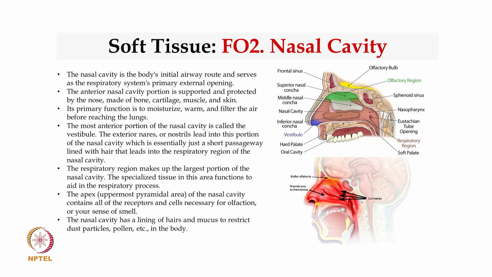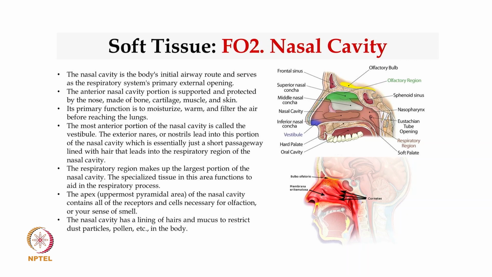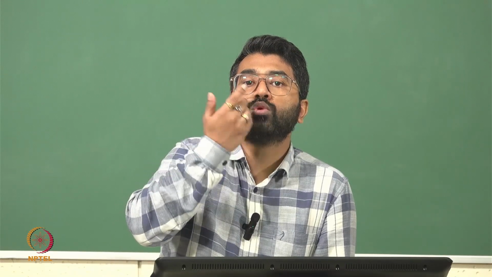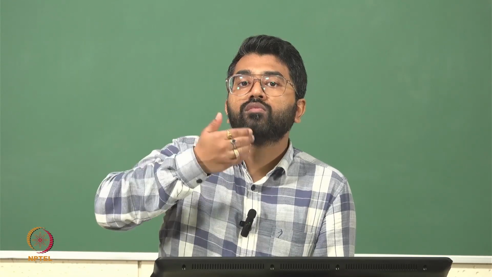So the nose is not only for breathing, it gives us the sense of smell. The nasal cavity has a lining of hairs and mucus to restrict dust particles, pollens, etc. in the human body. So those hairs and mucus are not just there for the sake of it. If we get our nose entirely clean, that's not a very good idea, right? Then we are basically not having any filter at all for the air which is going in.